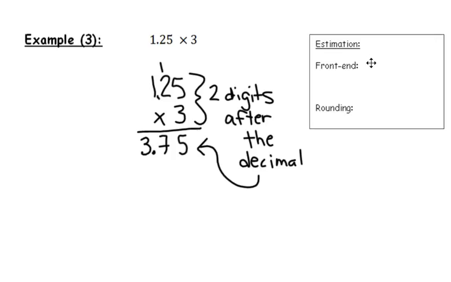We'll use front-end estimation and rounding to see if our answer is accurate. So 1 times 3 is 3. And if we use the rounding method, since the tenths digit is a 2, that stays as 1 times 3. So both estimation strategies give us an answer of 3, which is really close to our actual answer of 3 and 75/100.